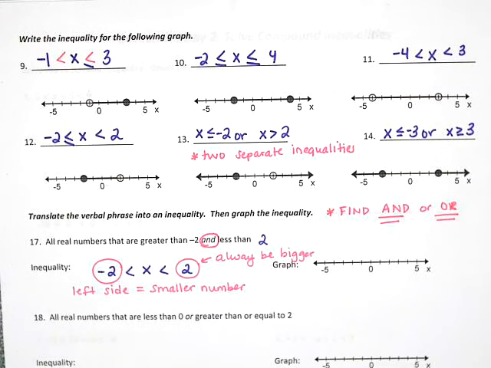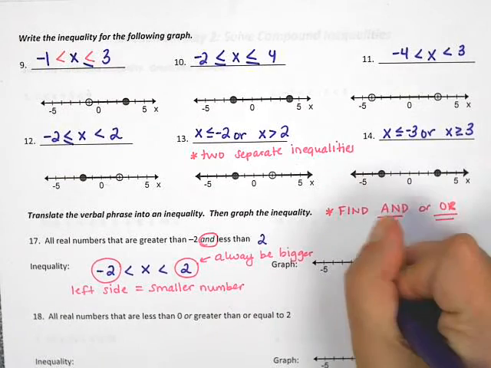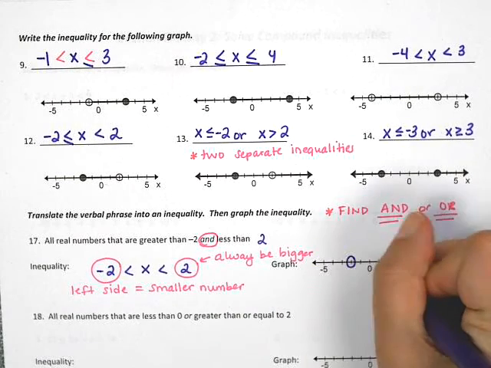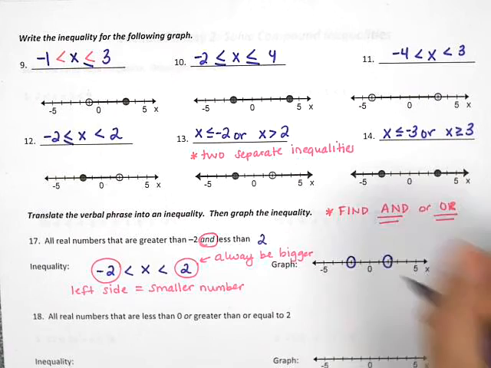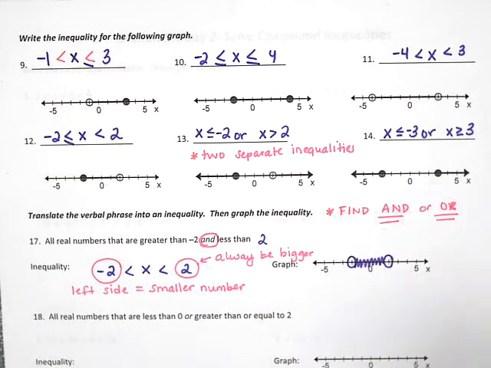Now, since negative 2 is the smaller number and positive 2 is the bigger number, they always go from smallest to biggest. So, how would you graph this? You would put an open circle on the negative 2, and you would put an open circle on the positive 2, and you would shade the middle.